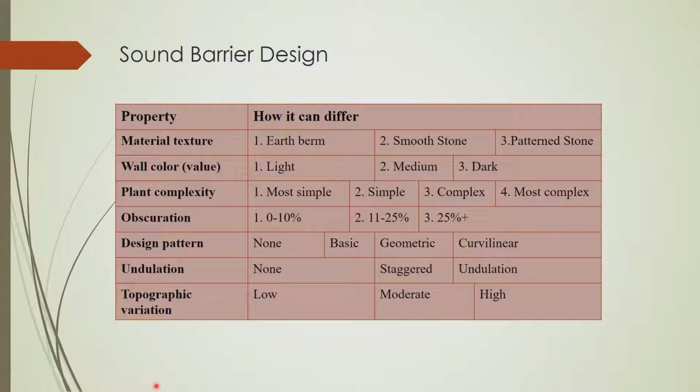The amount of obscuration, they decided that the appropriate amount was going to be something low would be something below 10%, moderate would be from 10% to about 25%, and anything above that would be comparatively high in this context. We introduced also something called design pattern, which is what's pressed into or displayed on the face of the wall. You see the none, basic geometric, curvilinear, undulation, none staggered undulation, high undulation, and topographic gradation again.